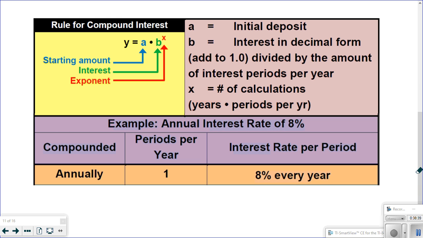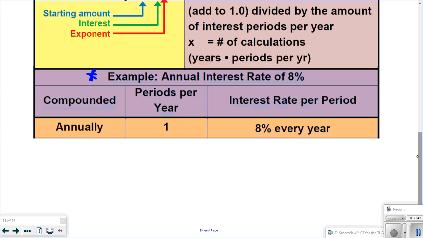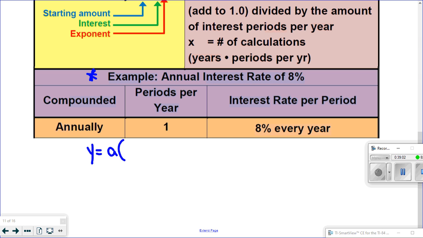So here's an example, and this is going to be our first example. Just write down, listen, this is the annual interest rate, and this is compounded interest. And you know that compounded interest is kind of like an exponential function. Y equals A times 1 plus R to the T. I'm going to put that down right off the bat.